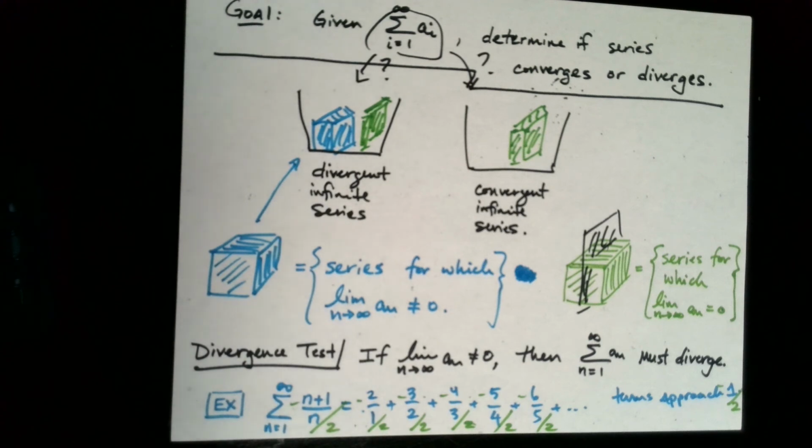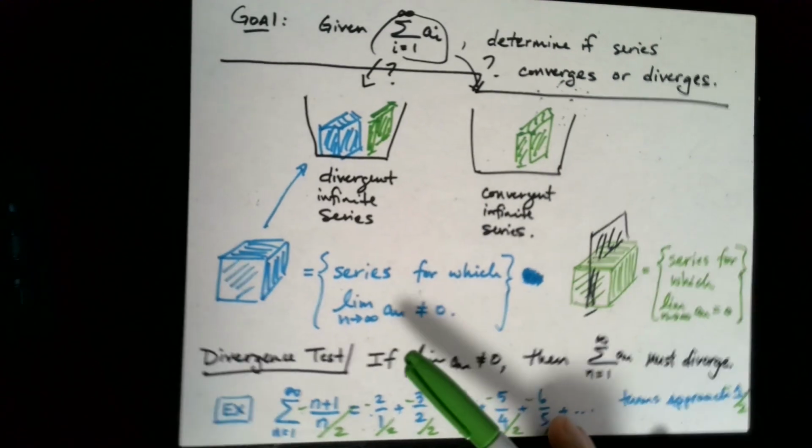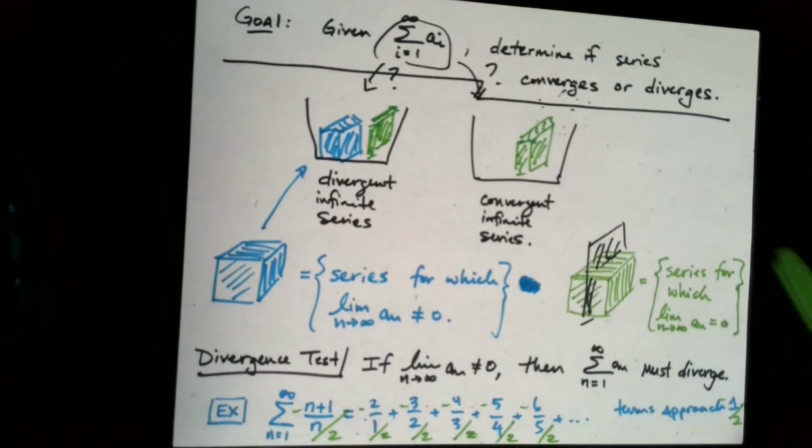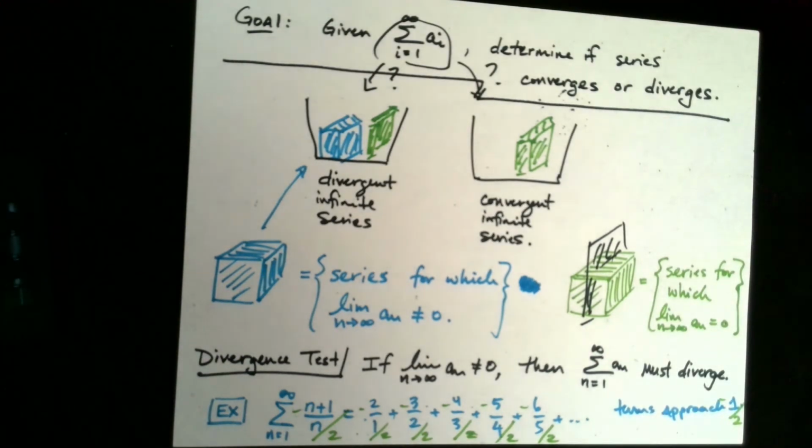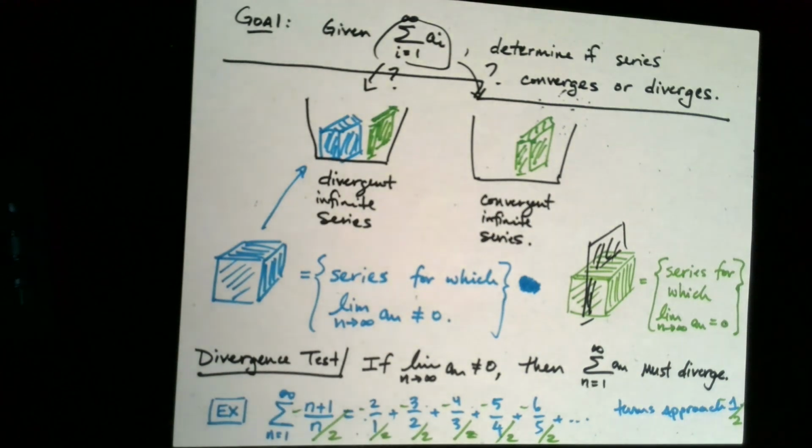And really, the bulk of our study for the remainder of this chapter is going to be to wrap our mind around situations where this is occurring, where the terms are approaching 0, and then addressing the question: do we have a series which adds up to a finite value off the number line, or a series whose sum is either not defined or infinite?